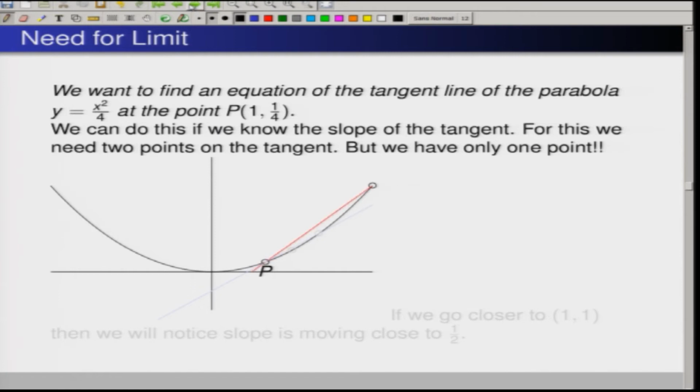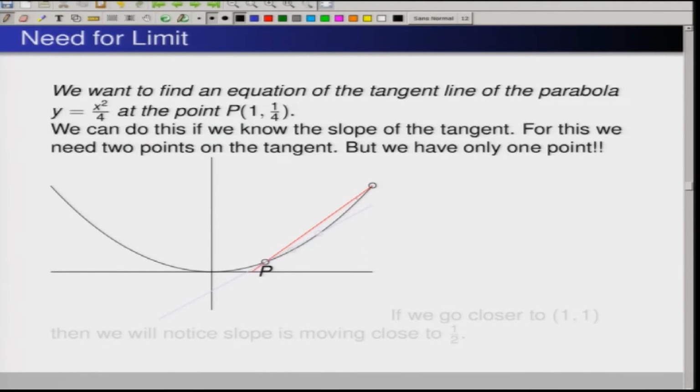Then I join the line passing through P and Q. Now, I have information about both P and Q, because I know the value of Q, and it is a point on the parabola. If this is 1, 1 by 4 and if this is 2, then this is going to be 1. So, I know P and Q with a specific x coordinate, so I can find out the slope.